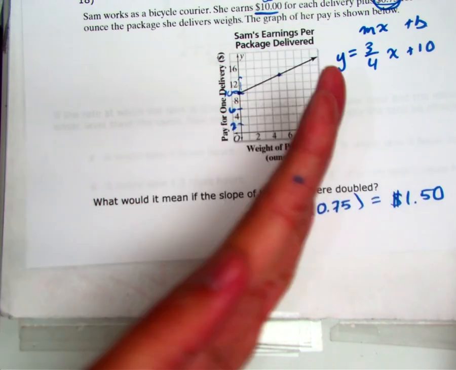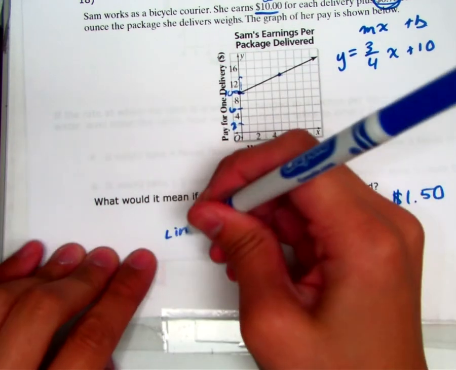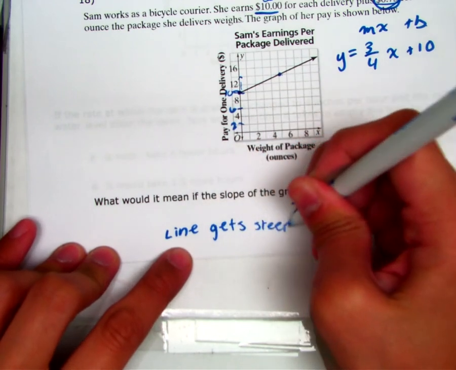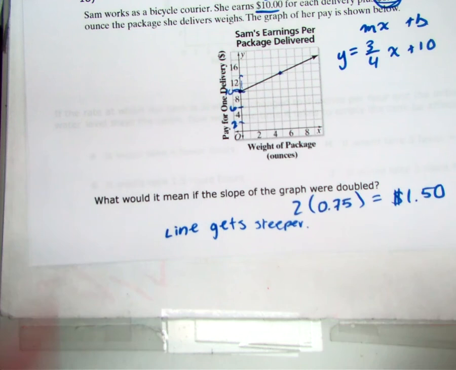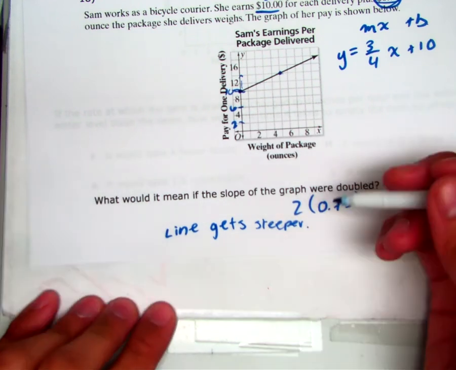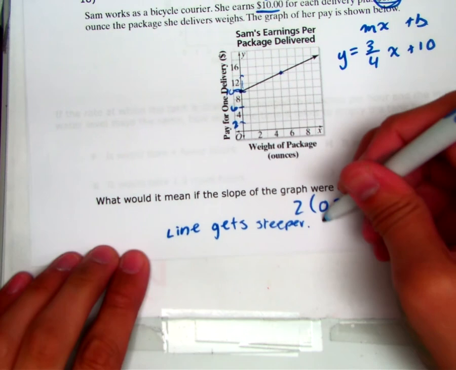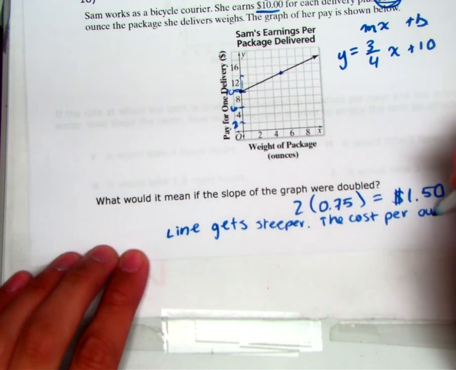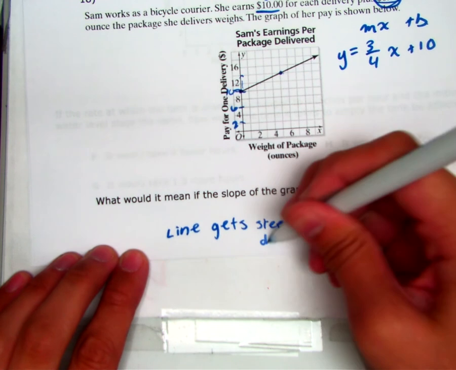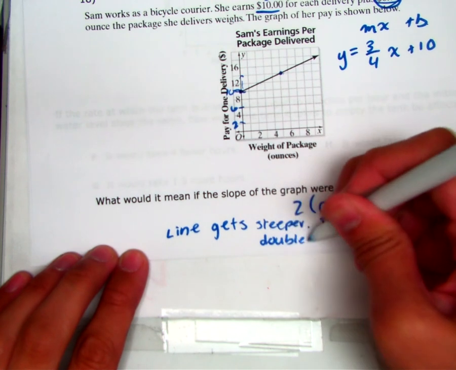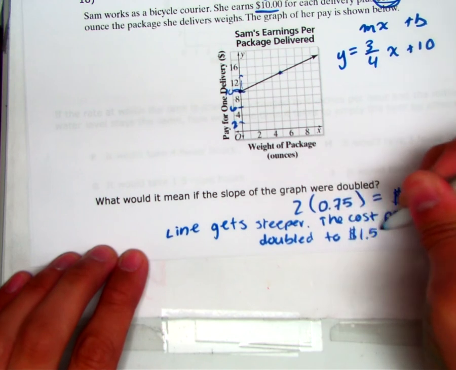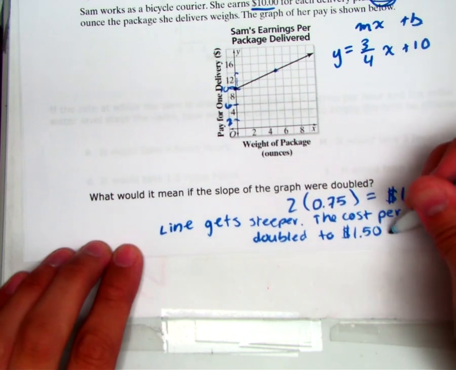So really, the line gets steeper. But what does that mean as applied to this situation? Well, basically, the cost per ounce doubled to $1.50 each ounce.